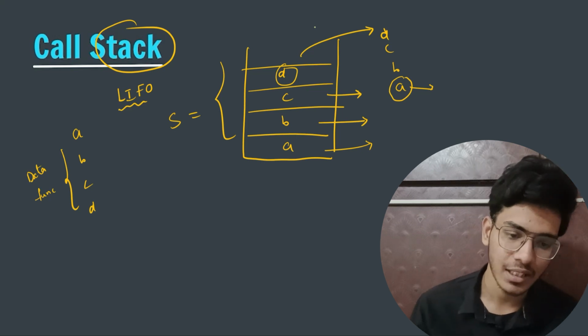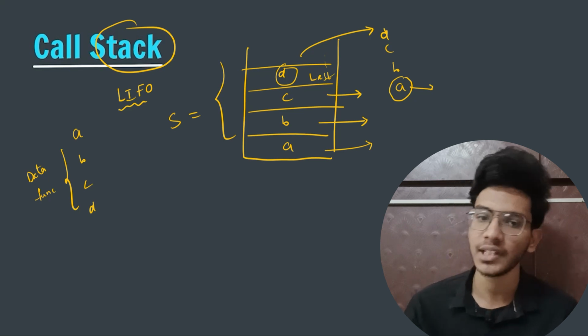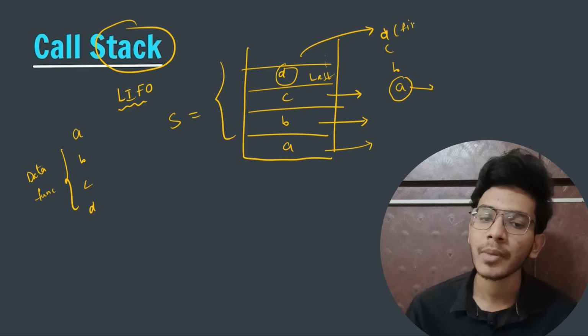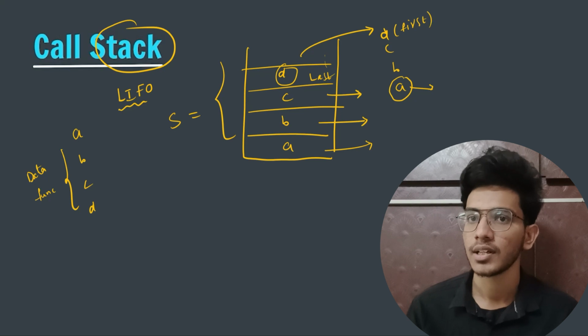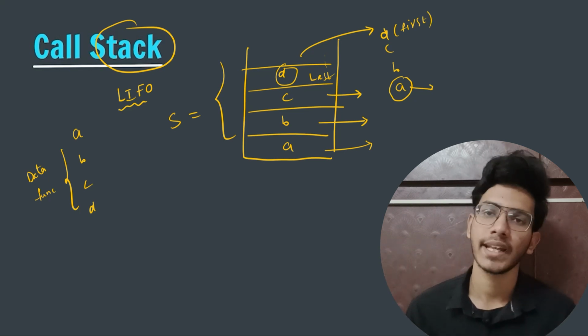Here you can see that this is the last element, but in the output when we are removing the elements, this is the first element which we got as an output. That is why we call this data structure a last in first out data structure.